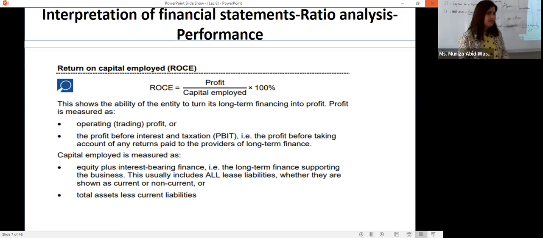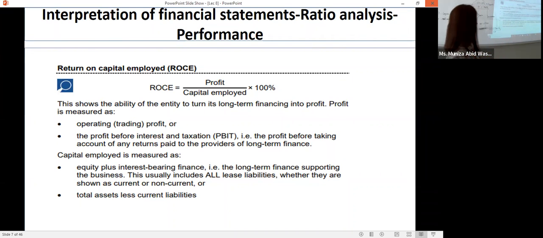Dividend is not deducted from the statement of profit or loss, is it? The dividend is only going to come in the statement of changes in equity. So that is why we are concerned about the return which we have to give to the providers of the long-term finance, that is interest. So this is what they are telling you: the profit before interest and taxation, that is profit before taking account of any returns paid to the providers of long-term finance.